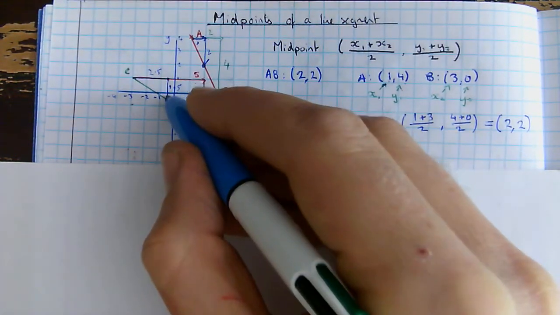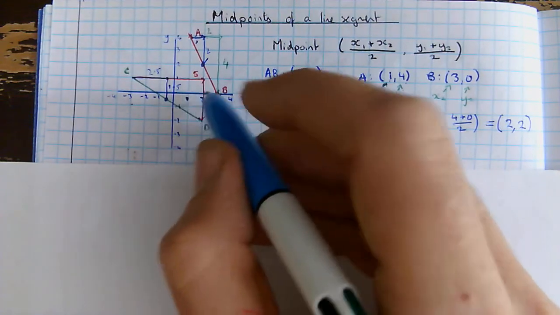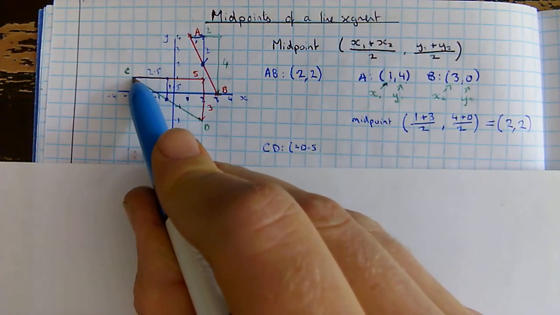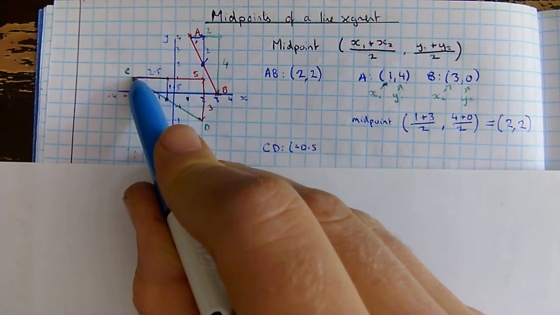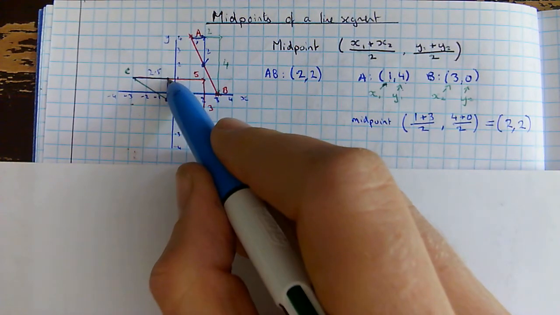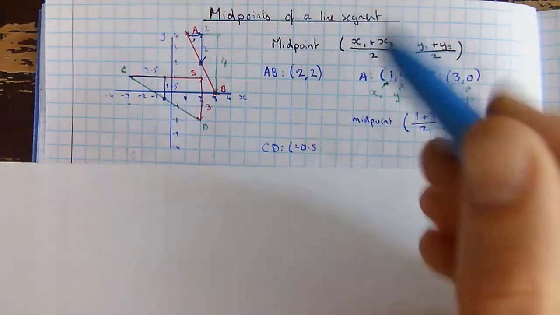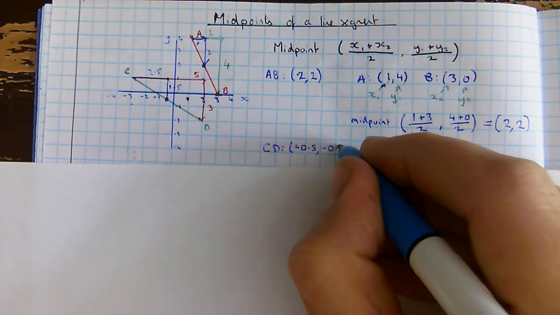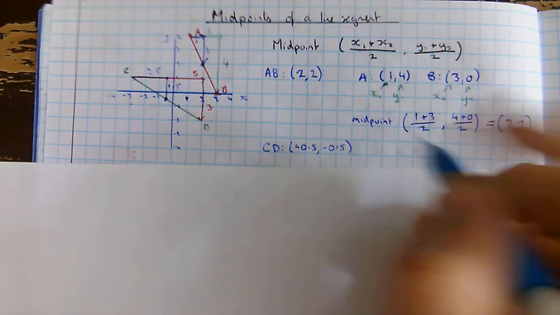And we can see there I'm at minus 0.5. I started at positive 1 on the y-axis, and I went 1.5 down to 0, down to negative 0.5. So this gives me negative 0.5, negative 0.5.